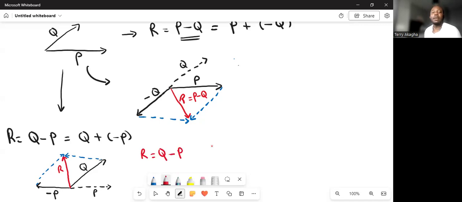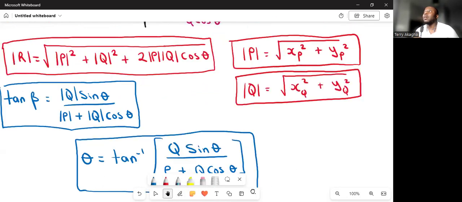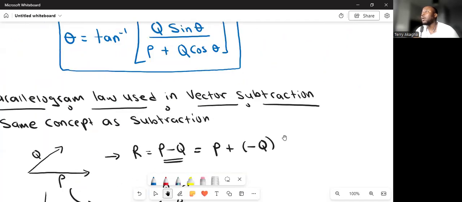P. And that is it. Now in this case, how do you find the R? The formula for this is similar to what we had here, but instead of having the positive sign, we're going to have a negative sign for the magnitude, while the other one remains the same. Is that okay?